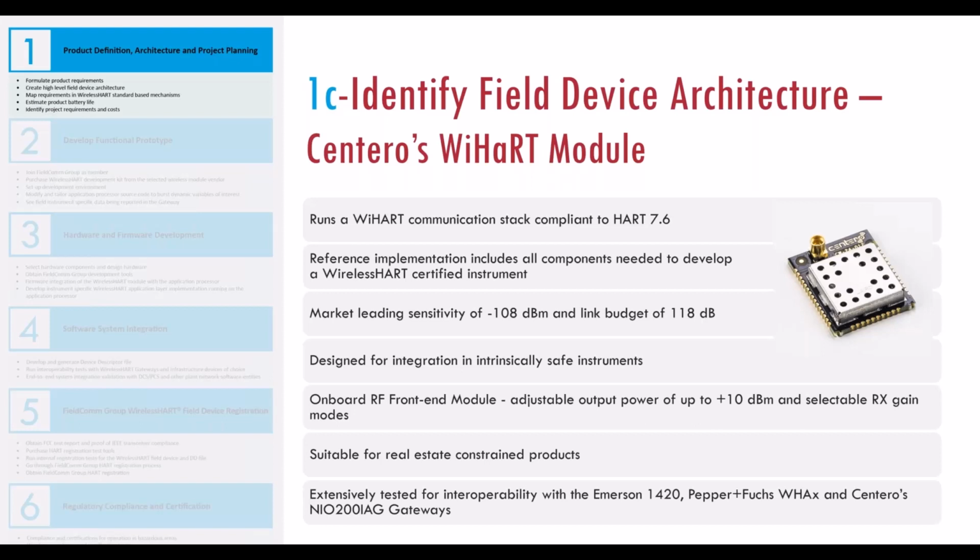It does include a reference implementation with all the components needed to develop a certified instrument. Now, one thing that we're very proud of, it does boast a market-leading sensitivity of -108 dBm. So once you add that to the 10 dBm output power that WirelessHART allows you to transmit with, you get a link budget of about 118 dB.